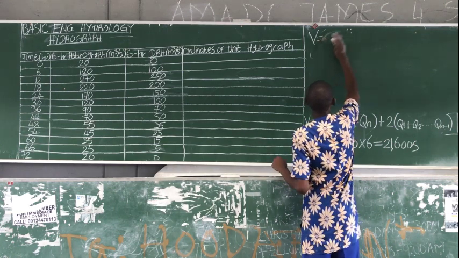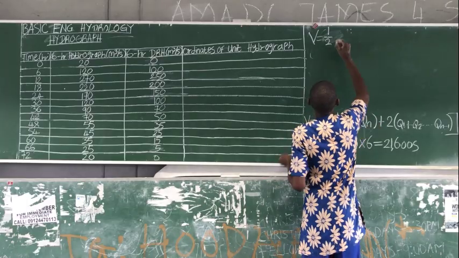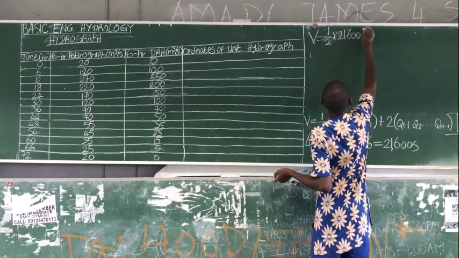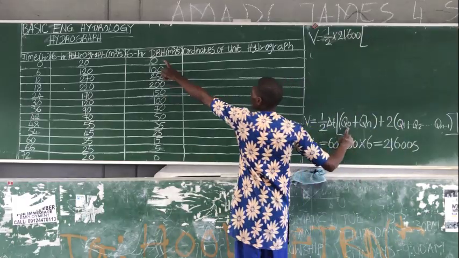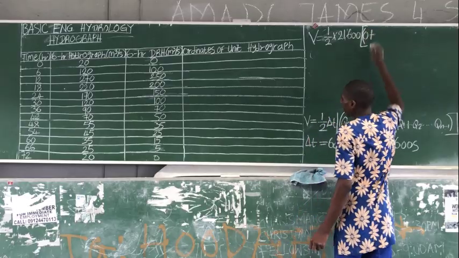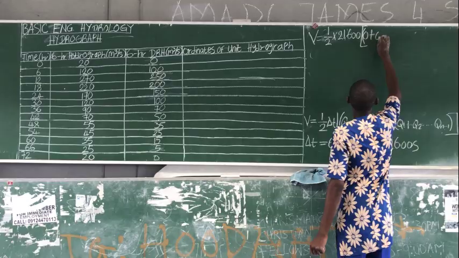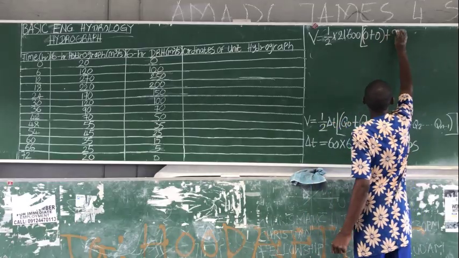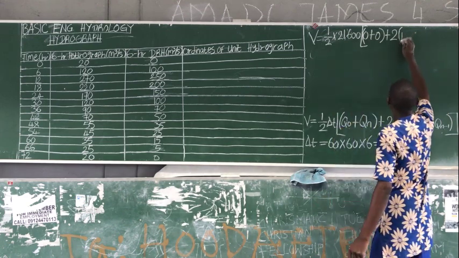So our volume is going to be equal to 1/2 times 21,600 into our first discharge Q0, which is 0, plus our last discharge Qn, which is 0, plus 2 into our Q1, which is 100.